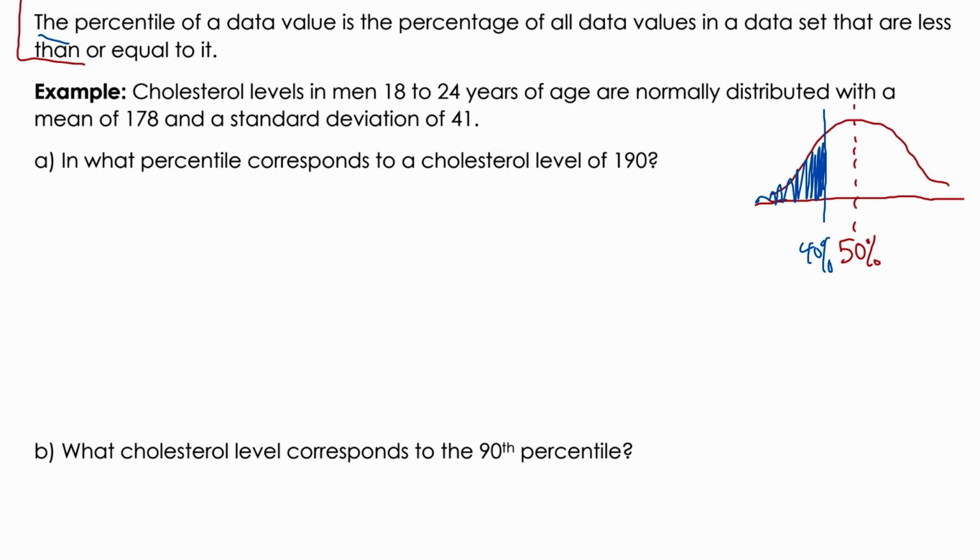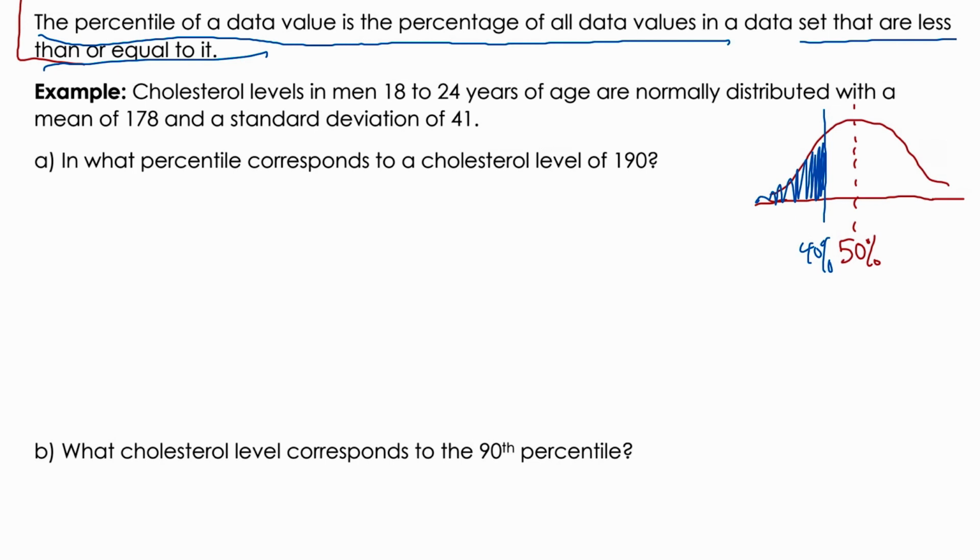That's why it's a percentage of data values that are less than or equal to it. So when we are talking about a percentile, it's the raw score, that data value, so that the percentage you're talking about is to the left of that data value. 40% of the data values is to the left of that raw value.